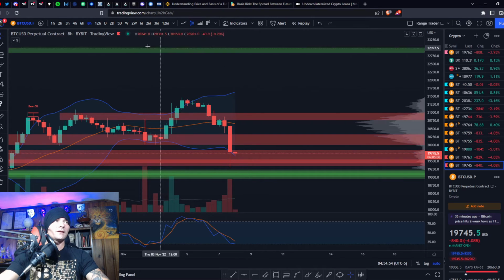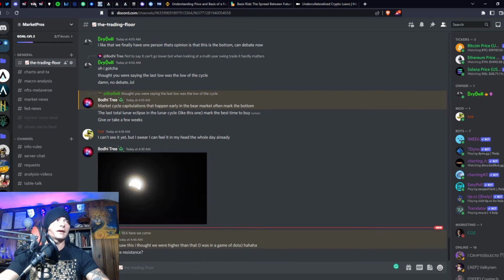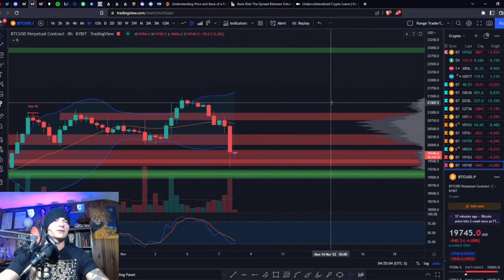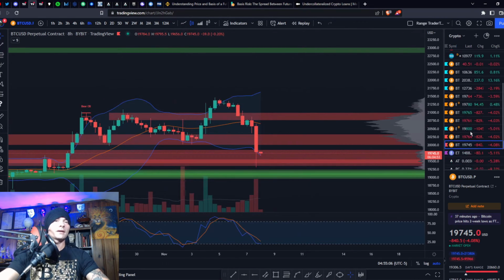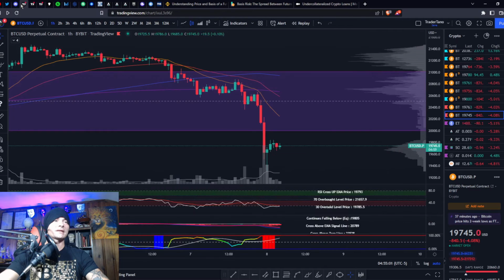Let's see where 20K lied again. Check it out, 20K, bottom of the range. That's what I'm looking at. So, that's about it for Bitcoin. 20K is the level to beat to get back into the range. That's where I think we get the retest, and we'll figure out what happens next.